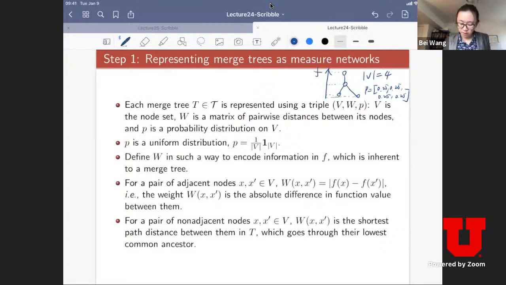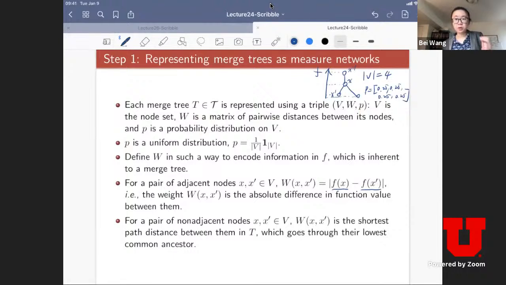For a pair of nodes x and x prime, there are function values f(x) and f(x prime). If they are adjacent to each other, the weight is the absolute difference between their function values. If they are not adjacent, say x prime and x double prime, then the w between them is the shortest path based on this weight.